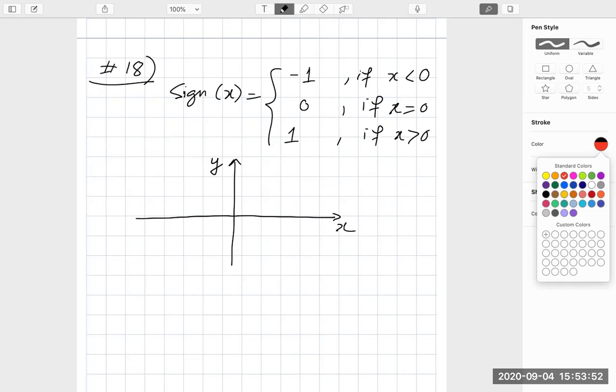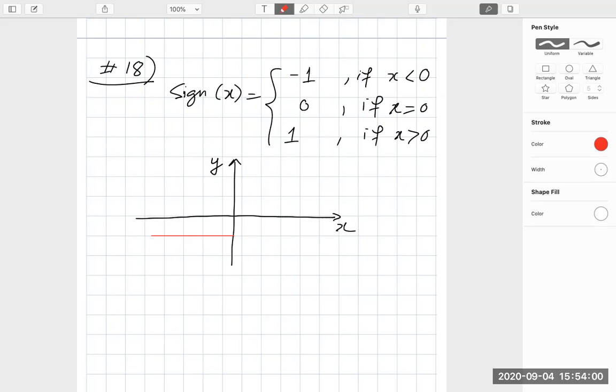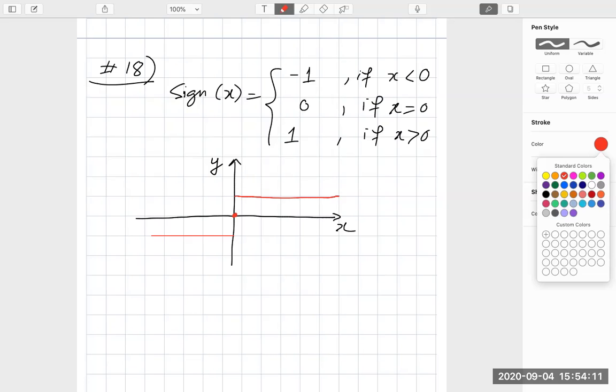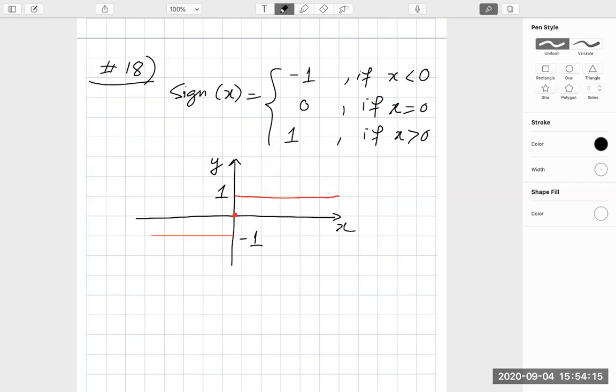For any value smaller than 0, it should be -1. For any value larger than 0, it will be 1. And at 0, it will be 0. The red is the graph of this, right?